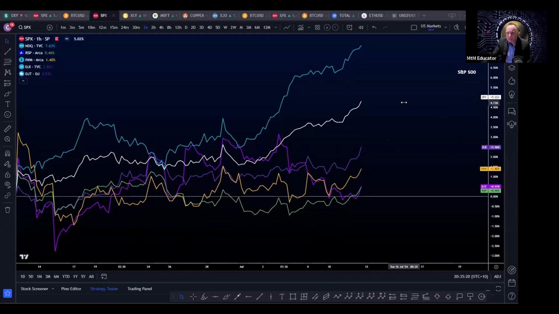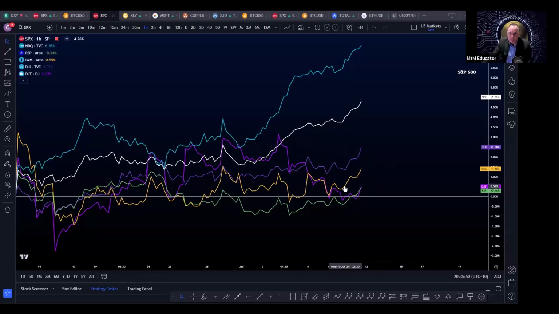So the NASDAQ, the S&P, the Dow Jones, the IWM, which is the Russell 2000, and the green equally weighted S&P. And what you can see is they're all starting to turn up this week because you're starting to see, for the first time since April this year, money flowing into the medium caps and the smaller caps, which is a really healthy sign for the market.